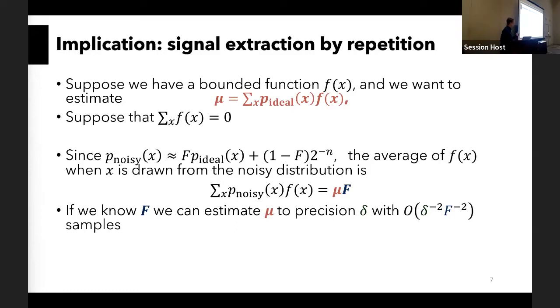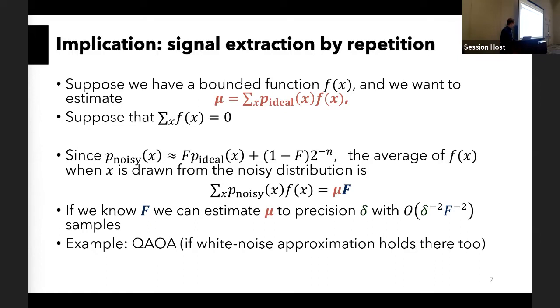So we are paying a high overhead in the number of repetitions that we would need to do, order 1 over f squared. But in the near term, this might be advantageous compared to doing error correction. Right, so QAOA is an example potentially, although we don't know if this white noise approximation holds in that case because we're only really examining random quantum circuits.